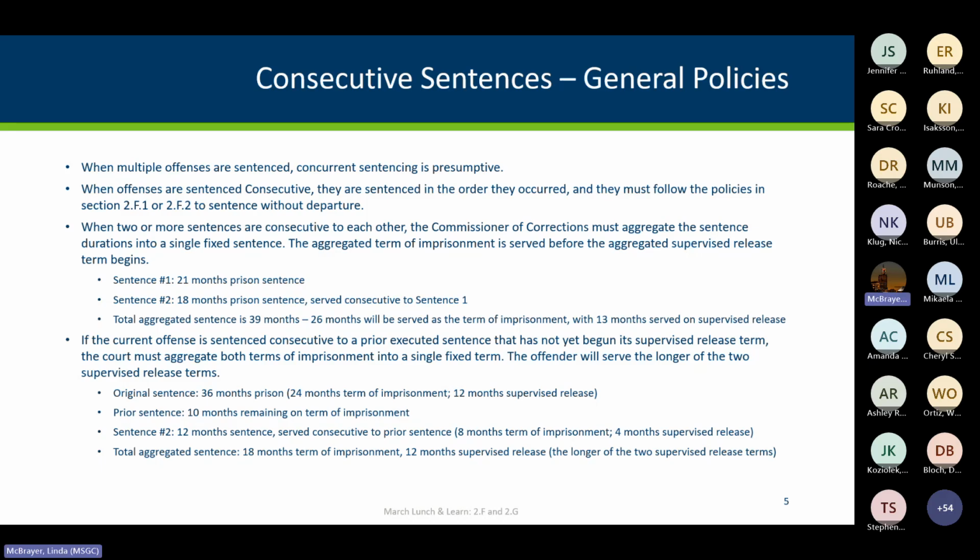The big difference between presumptive and permissive consecutive sentencing is we can speak in generalities about permissive consecutive because there are only two criteria and then the court can impose it. Presumptive consecutive sentencing is very hard for us to talk about in broad terms as hypotheticals.